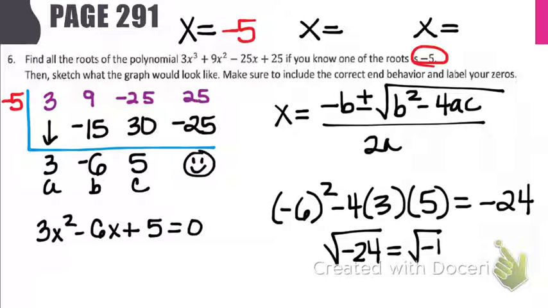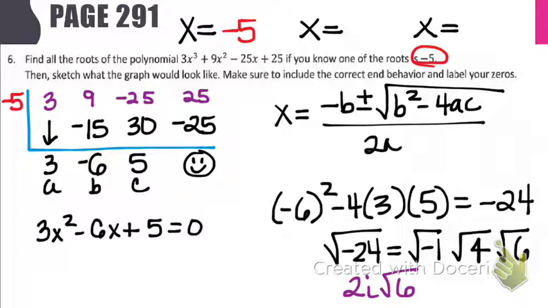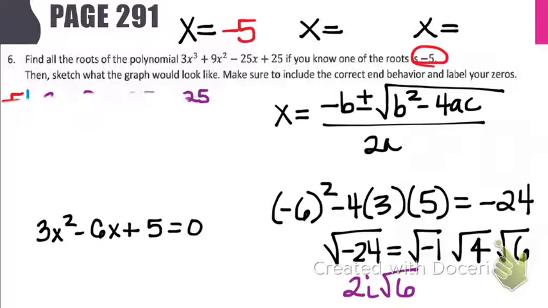First, I'm going to take out a -1. And if you build a cake, you're going to have a pair of 2's. So this simplifies to 2i root 6. So when you have imaginary solutions, you can't write your last two answers as decimals.